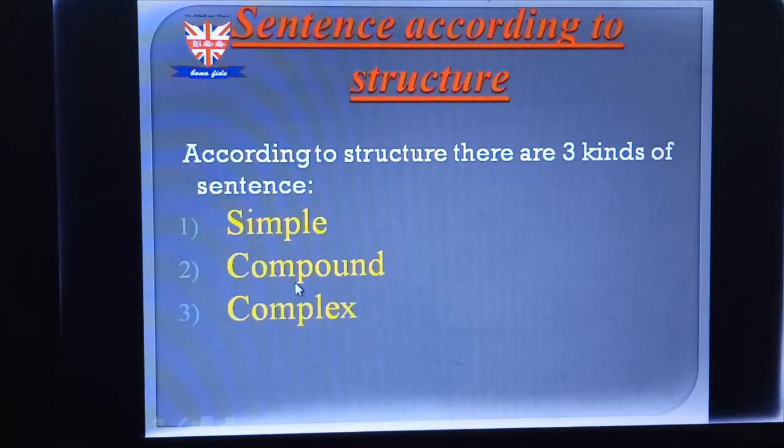But here I've tried to show you something different: as we have done clause, it will be easier for us to understand complex at the beginning, because complex is related with clause. We'll try our best to understand in the easiest way, so that we can remember for a long time.